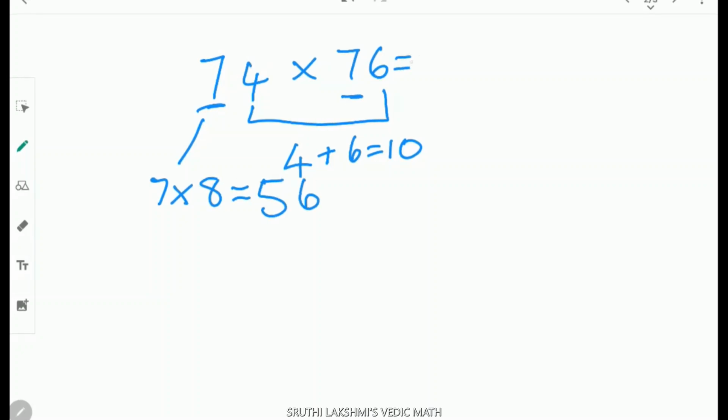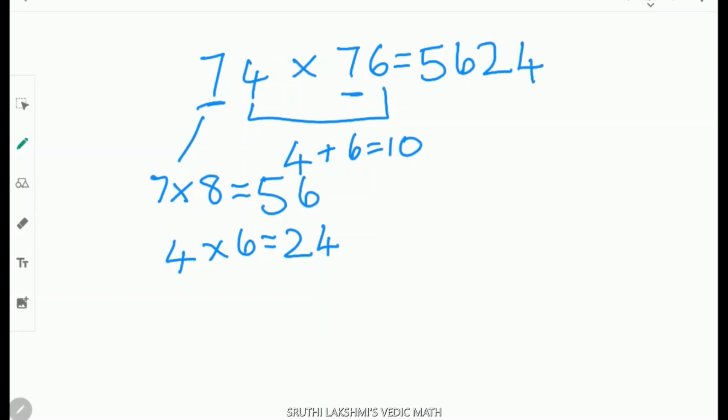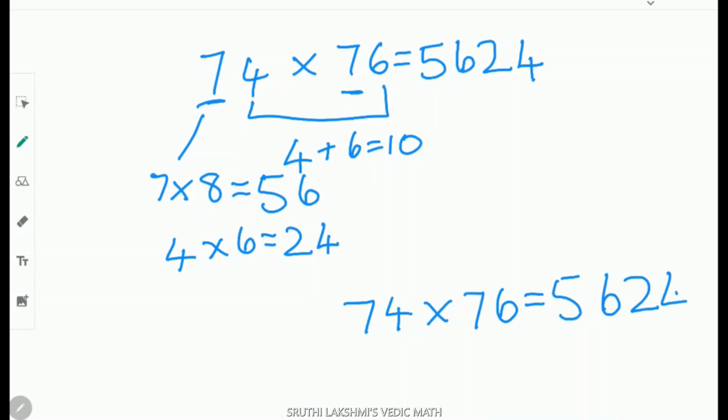Write 56 over here. Next, multiply the last digits, 4 and 6. 4 times 6 is 24. Write 24 over here. 74 times 76 is 5624.